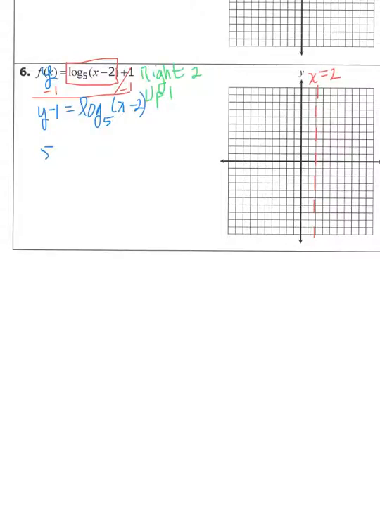So 5, let's try that again, 5, and then we're going to switch these two. So the 5 is going to get the y minus 1 up top equals x minus 2. And then of course we have to solve for x, so we have to add 2. And so we end up having 5 to the y minus 1, plus 2 is equal to x.